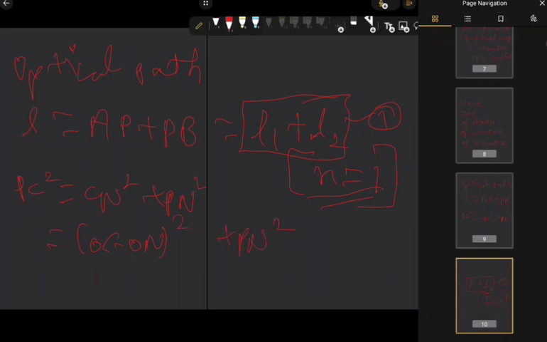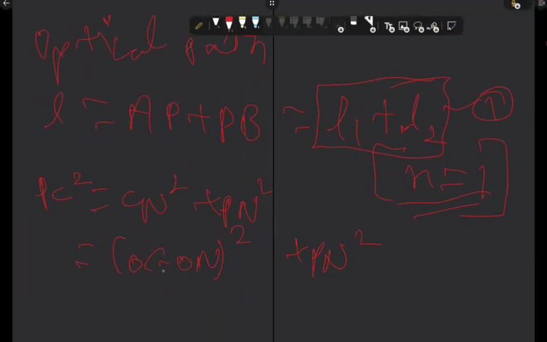Okay, got it? Then this can be further written as r minus x whole square plus h square, from the figure. So we are deriving the spherical mirror formula using Fermat's principle. That's it. We are doing nothing.